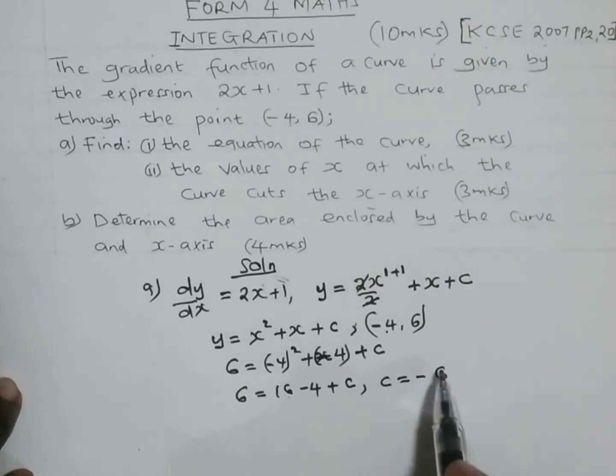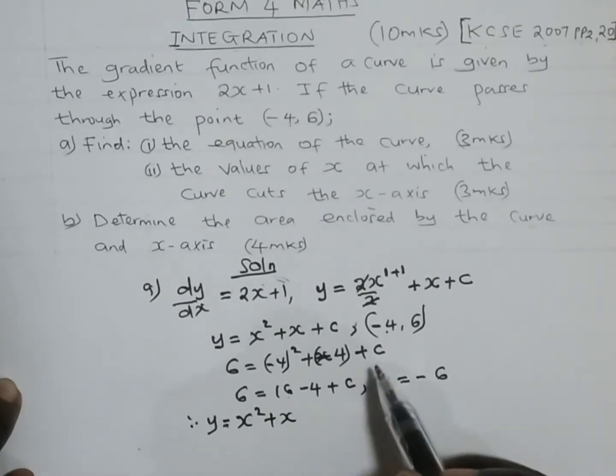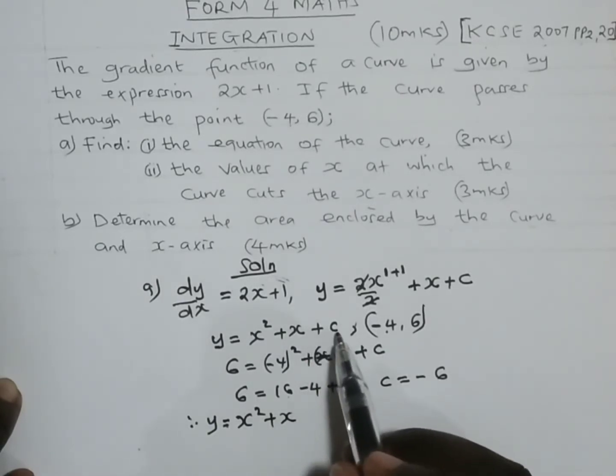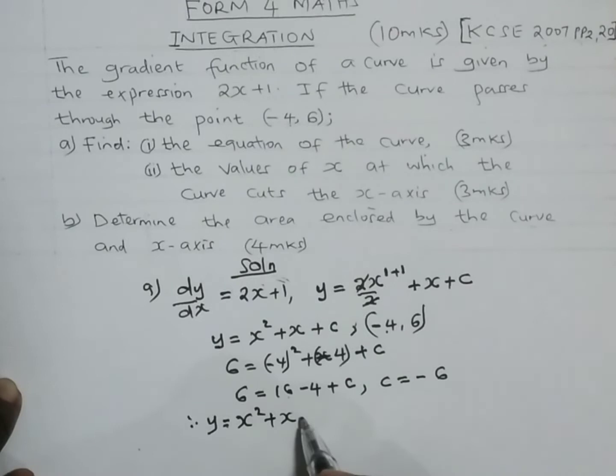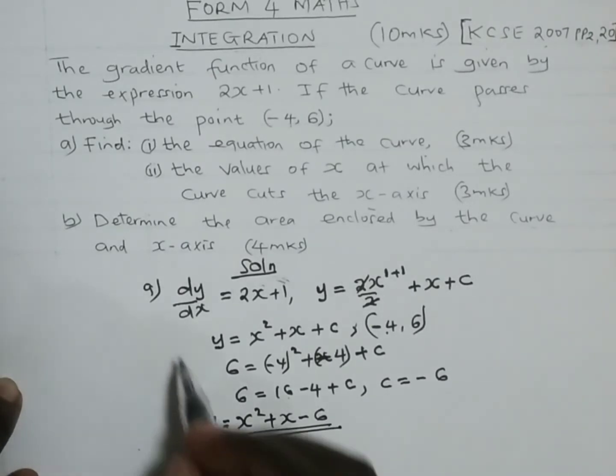Having gotten the value of c, now we can write our specific equation. That is, y is going to be equal to x squared plus x, that is plus c, but plus minus will give us -6, and that is the answer to part A, Roman 1.